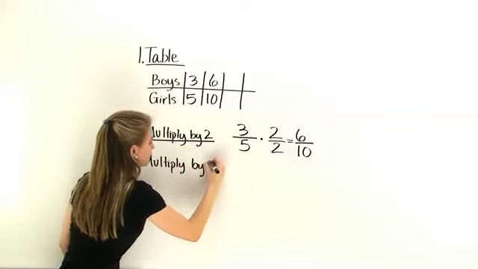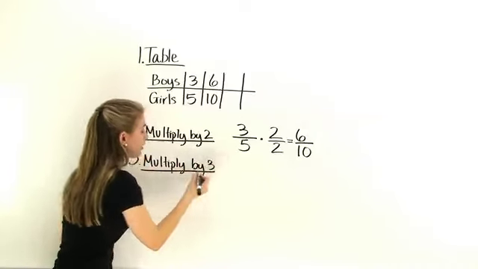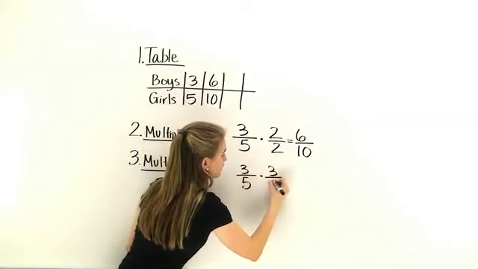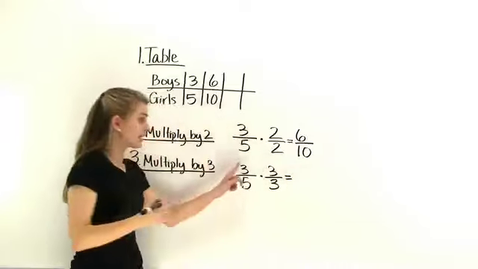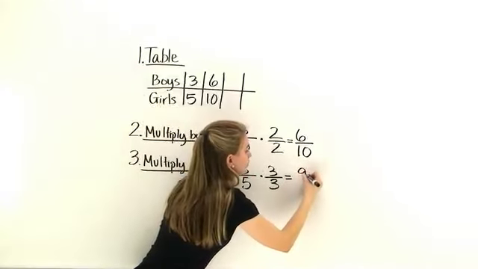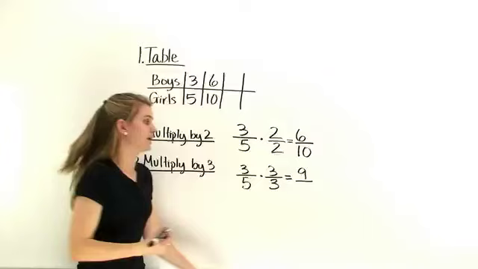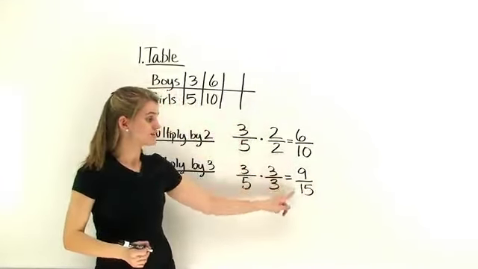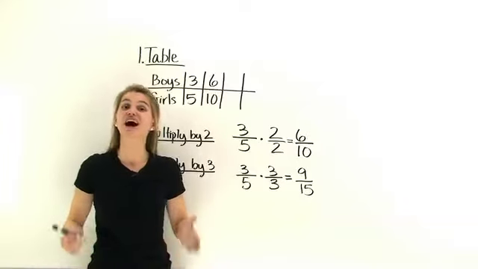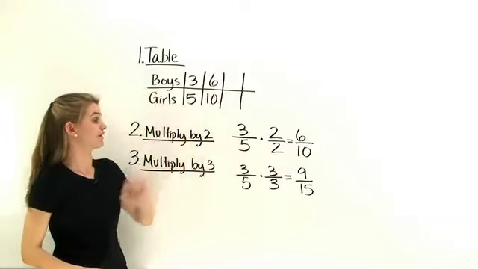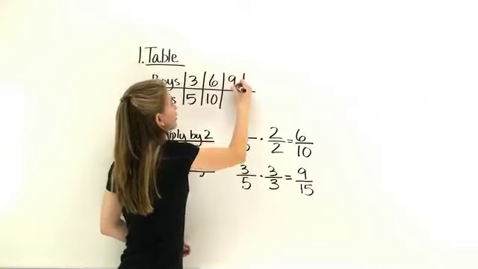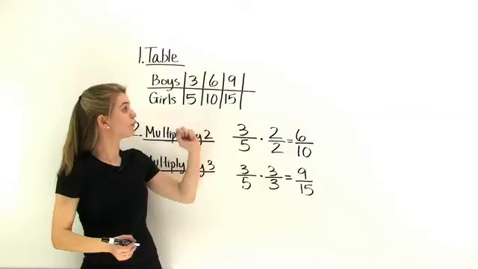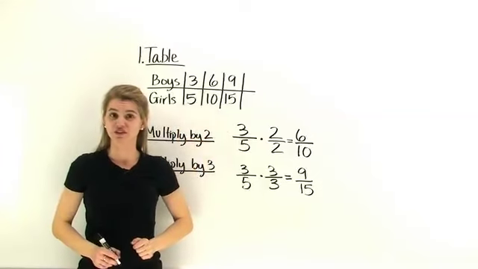If we multiply both parts by 3, we multiply 3 by 3 and 5 by 3. 3 times 3 is equal to 9. 5 times 3 is equal to 15. So we get the ratio 9 to 15. This is another equivalent ratio to the ratio 3 to 5. So we have another equivalent ratio. This tells us in the class if there were 9 boys, there would be 15 girls.